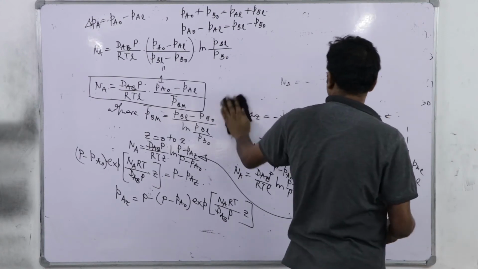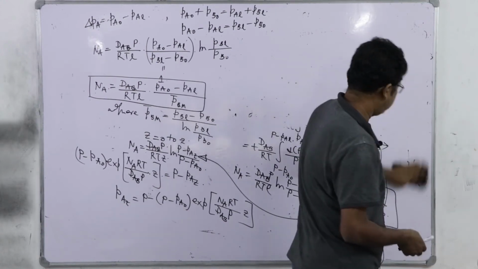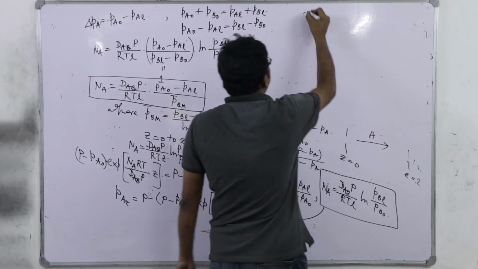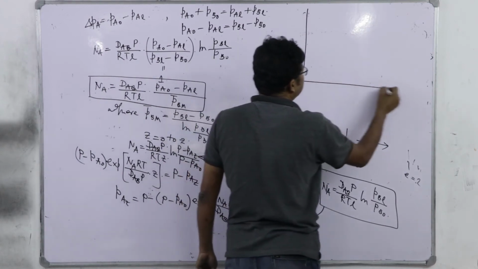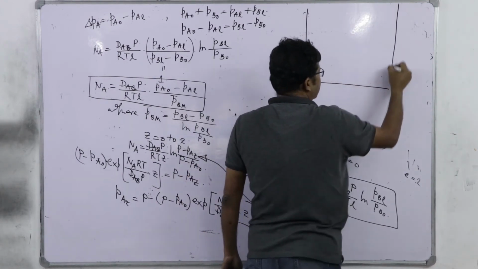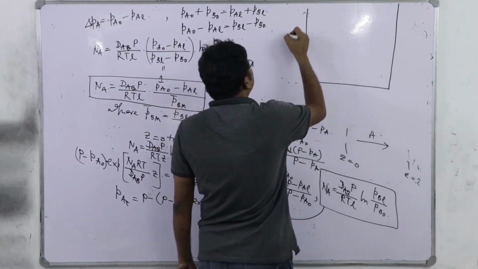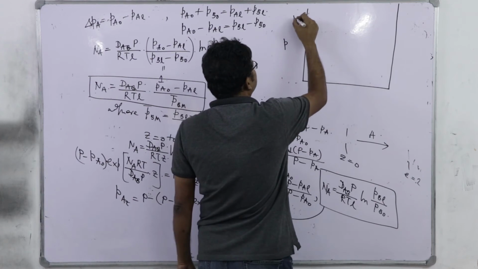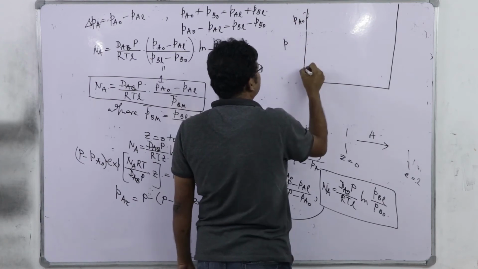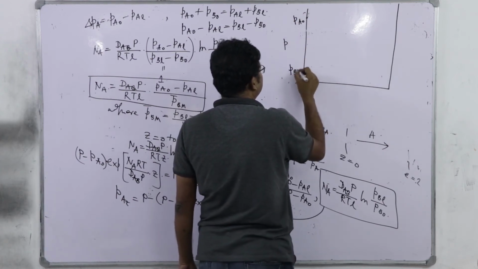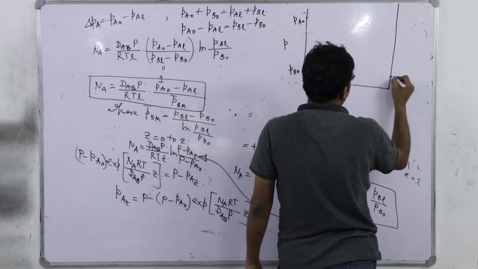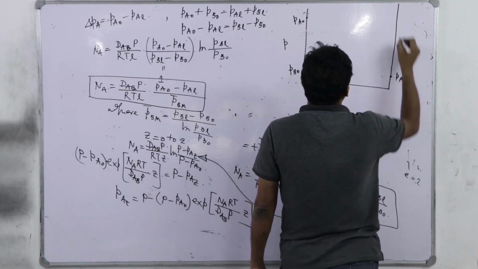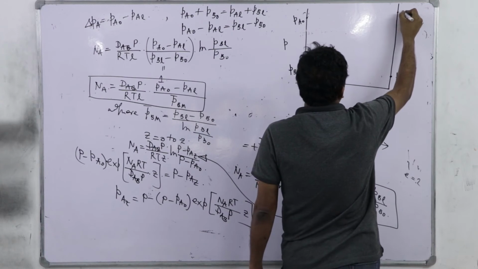So, what is the outcome here? If we plot P, this is PA0, this is PB0, this say is PAL, and this is PBL.